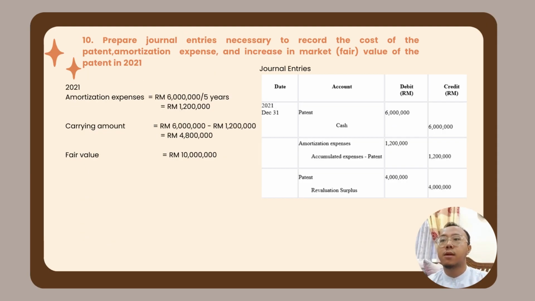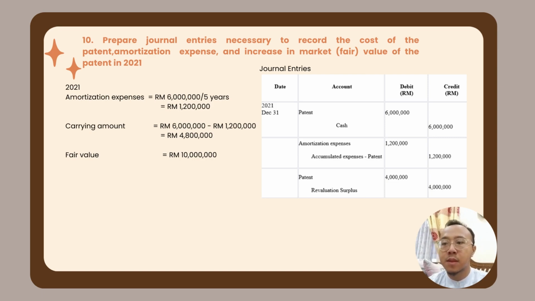Okay, for number 10, we need to prepare 3 journal entries. First, for the patent, we need to debit patent and credit cash with the amount of 6 million.